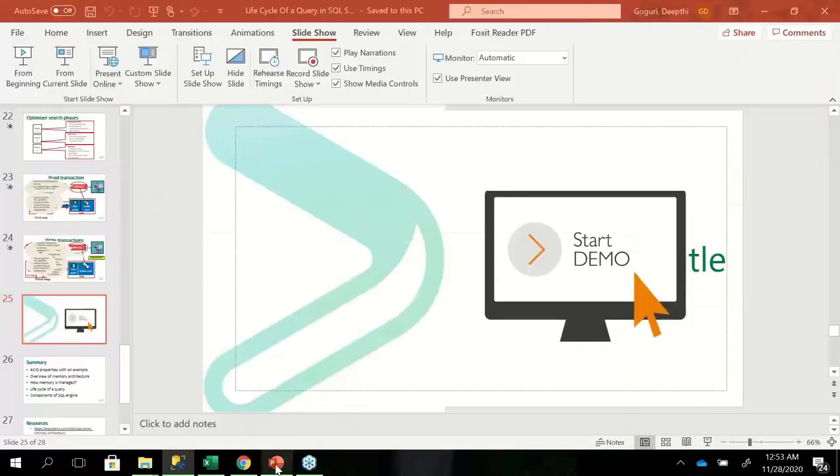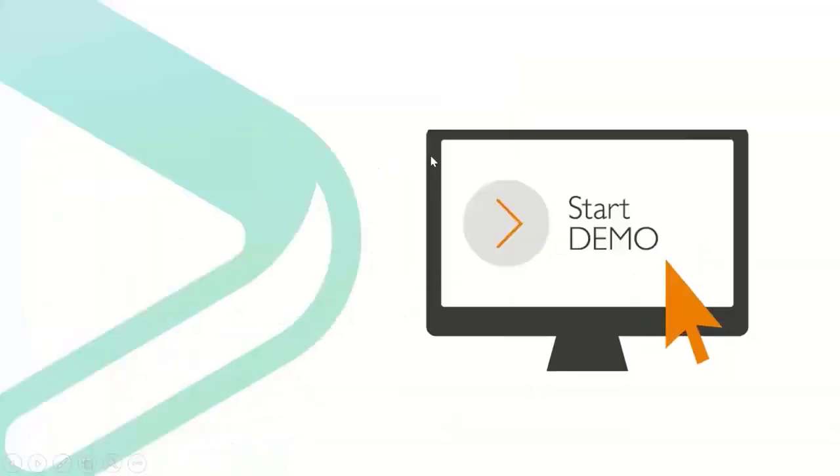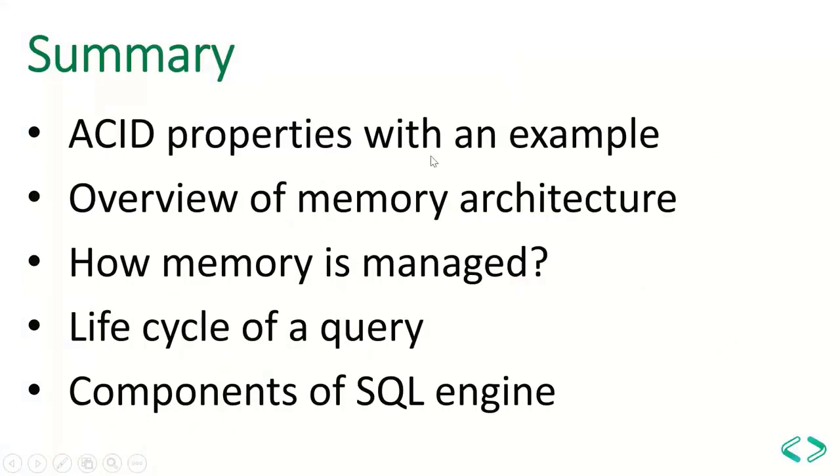Now let me very quickly hop back into my slides. In the lifecycle of a query session, today we have gone through the overview of ACID properties of transactions with a very simple example ensuring the ACID properties. We have also gone through the overview of the memory architecture of SQL Server and how many components we have.